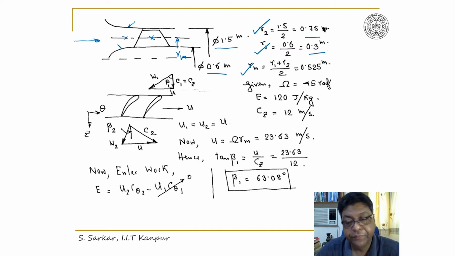Thus, Rm, radius of the mean section, is R1 plus R2 by 2, which is 0.525 meter. Furthermore, it is given omega is 45 radian per second, Euler work E is 120 joule per kg, and Cz, axial velocity passing through the impeller, is about 12 meters per second.